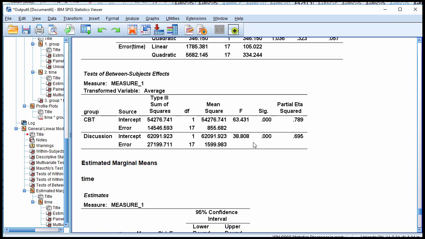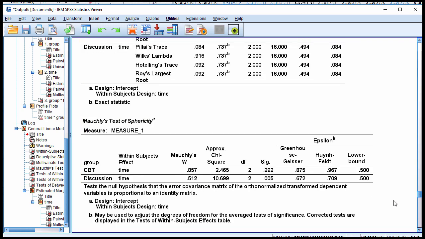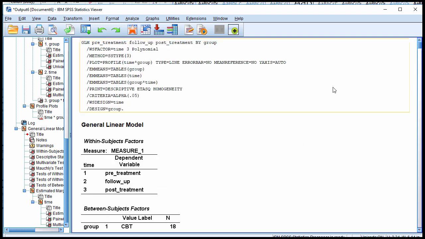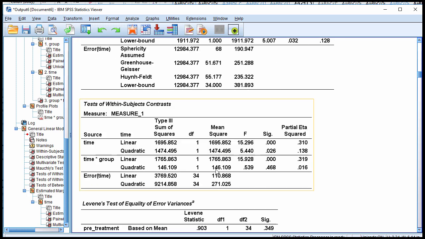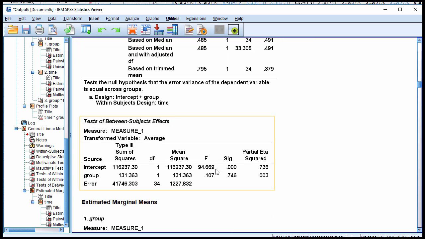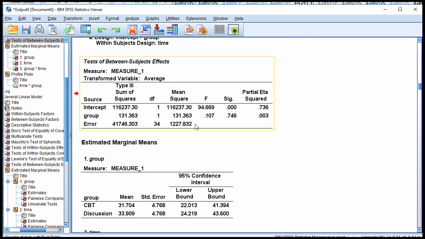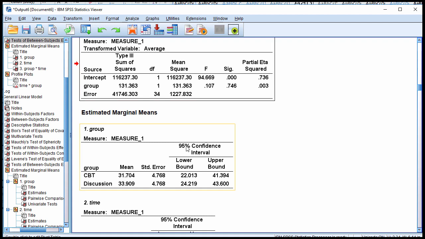Now thinking about the between subjects main effect, in the original 2x3 ANOVA, it was not statistically significant. So this is me going back to the 2x3, and we can see that the between subjects main effect was not statistically significant, and that was on the basis of the 31.70 versus 33.91 means.